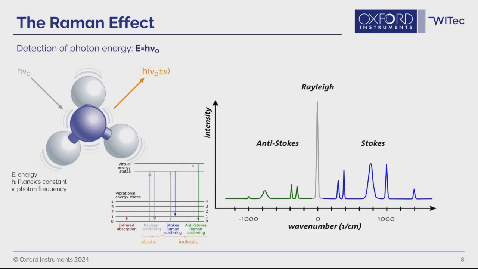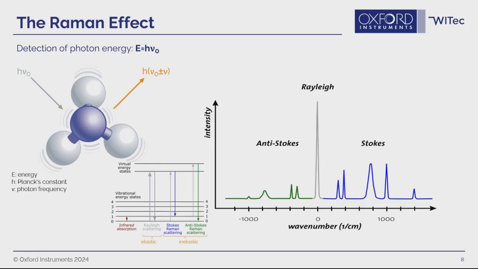On the other side of the spectrum, you can see the so-called anti-Stokes side. Here, the scattered light has a higher energy, so a lower wave number than the incident light. This happens when the molecule is already in an excited state, so one vibrational mode is already excited.